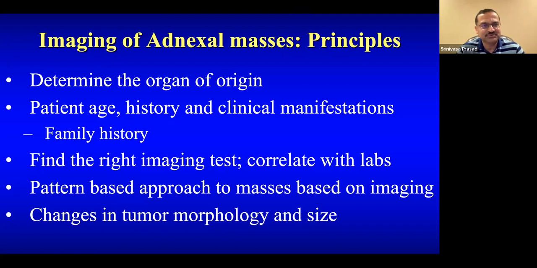And for us to, after we find the right test to determine the organ of origin, where exactly is it arising from, because most of them will appear as adnexal masses. So we need to connect the dots in terms of whether it is ovarian in origin or extra ovarian in origin. And then come up with a pattern-based approach to various masses based on imaging characteristics. And also important to look at the old scans to see for any changes in tumor morphology or size.